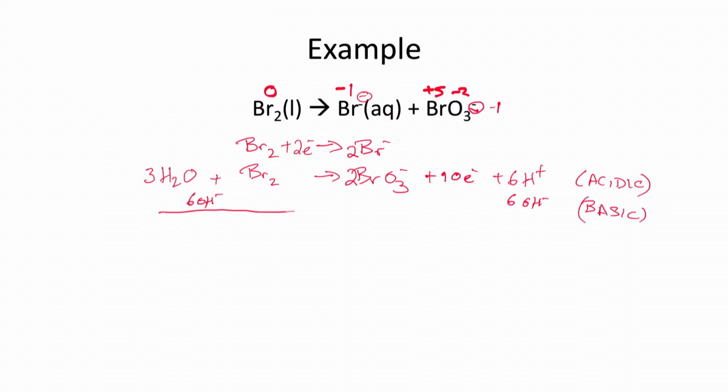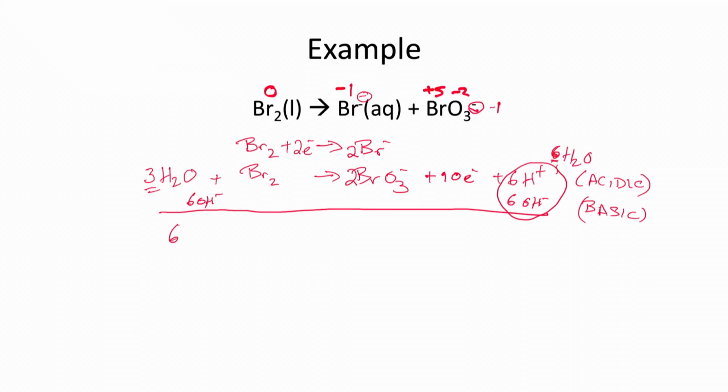here. So then when I add this up, 6 H plus and 6 OH minus together give me 6 H2O. And it's kind of interesting because on this side I have 3 H2Os, and this side I have 6 H2Os, so I can cancel some of them out.